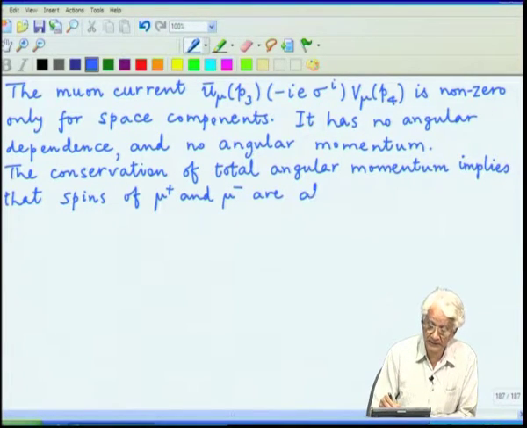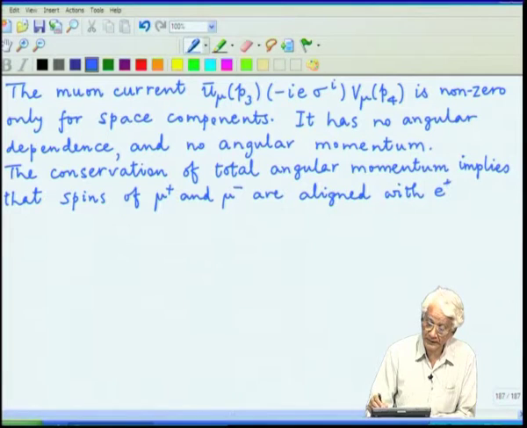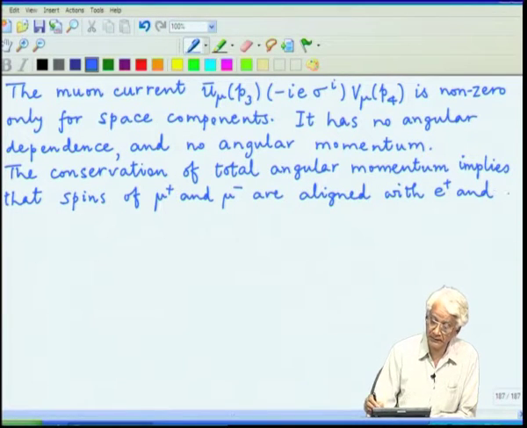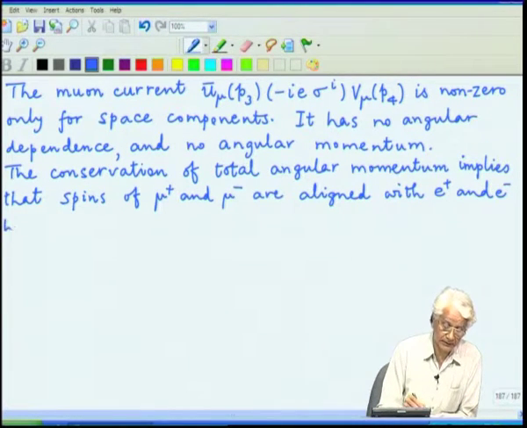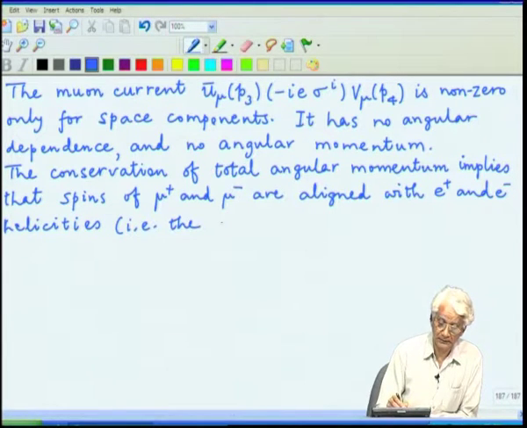So, aligned with E plus E minus helicities, which is the collision direction.